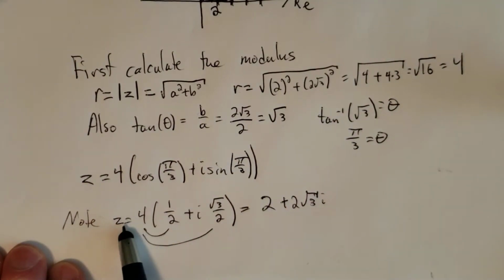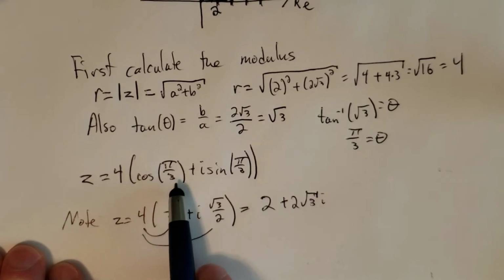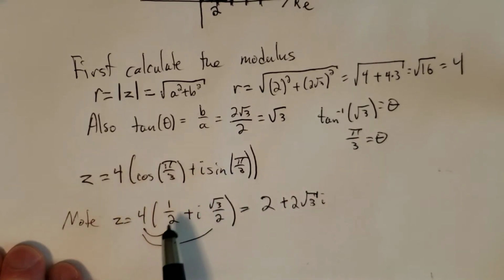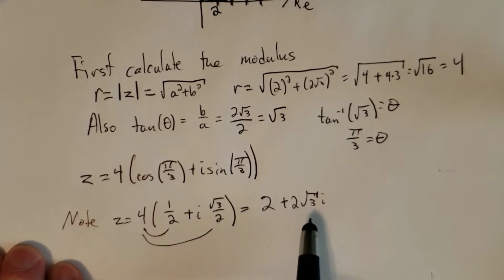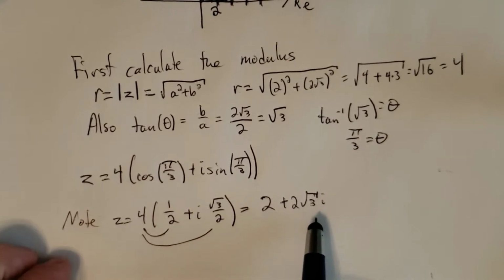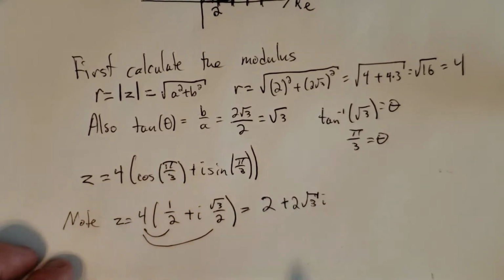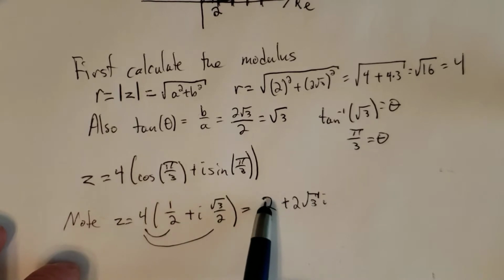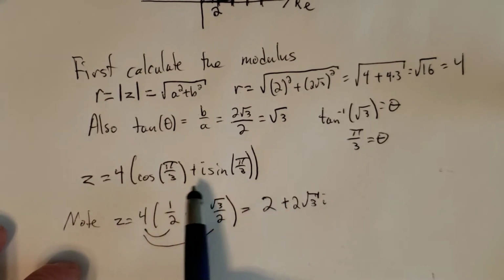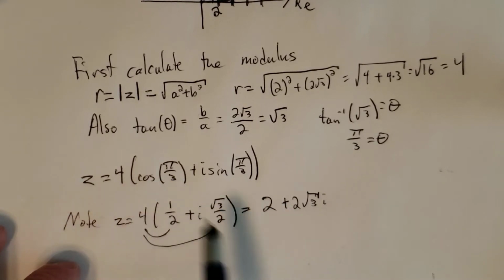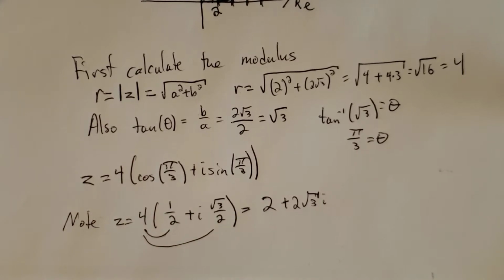So again, if we just calculate out 4 times cosine of pi over 3 plus i sine of pi over 3, we do in fact get 2 plus 2 square root of 3i. So these are the same. In this problem, our goal was to start here and work backwards to get to that polar form.